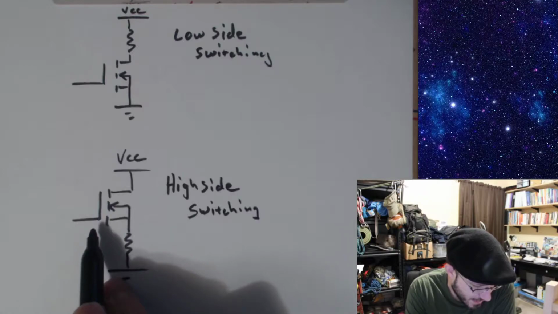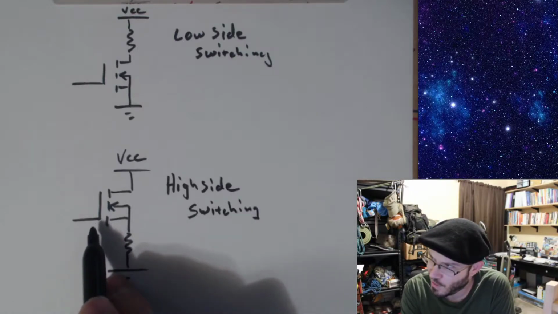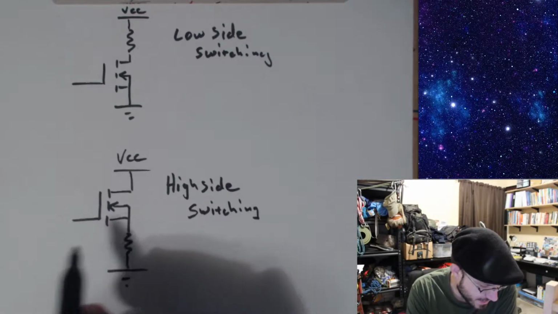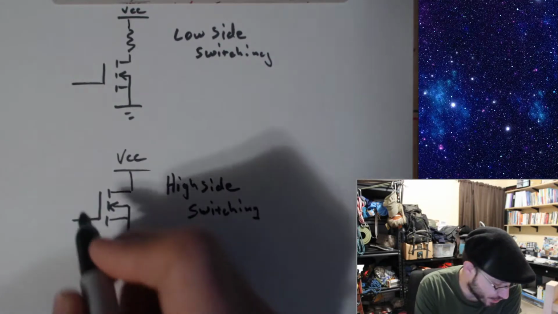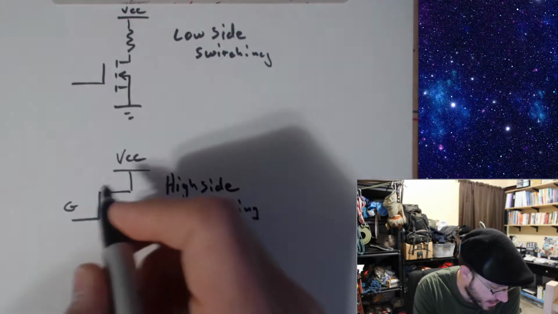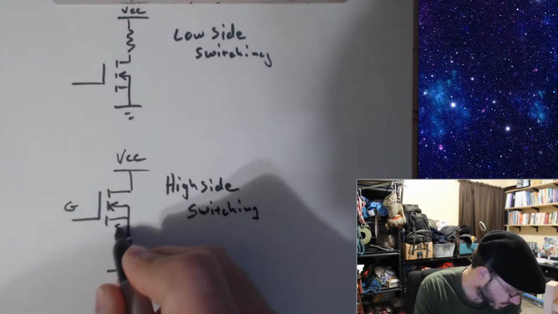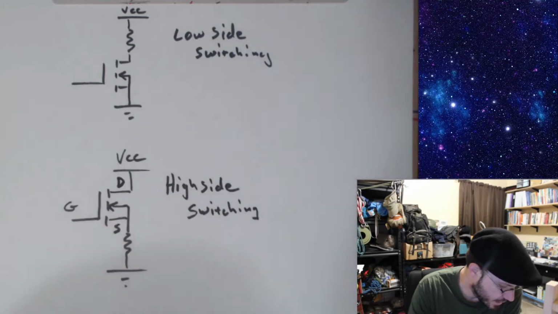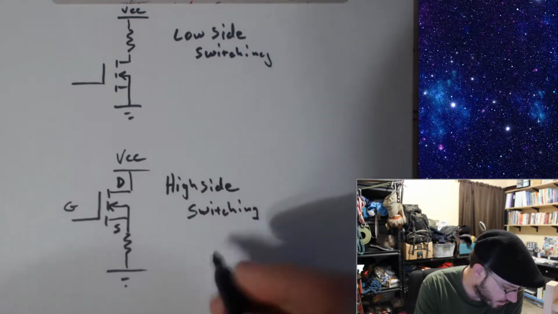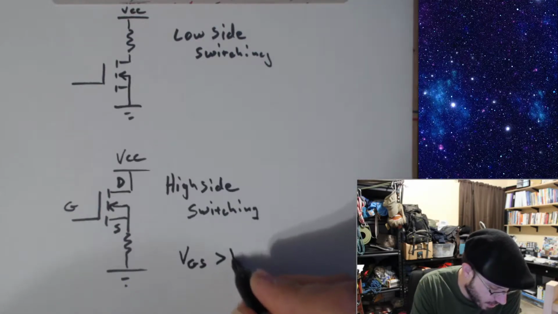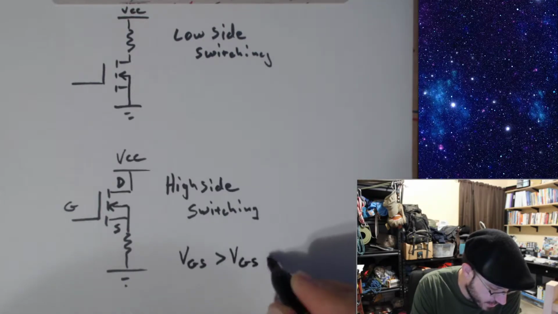Now, the determining factor as to whether this MOSFET is on or off is the voltage between the gate and the source. So let me put the gate here, source and drain. And so its VGS needs to be greater than VGS TH, our threshold voltage.